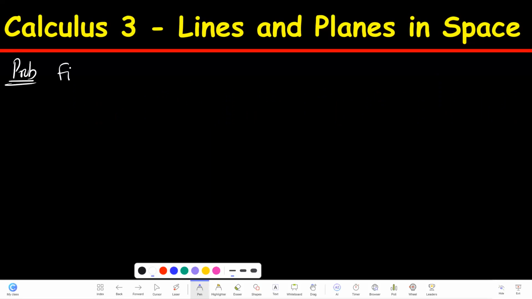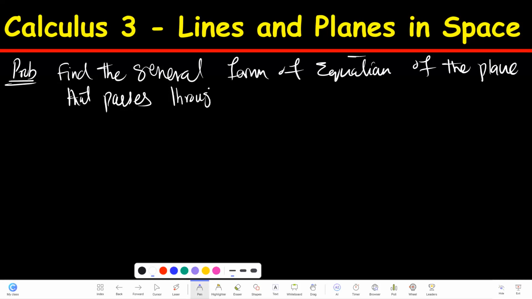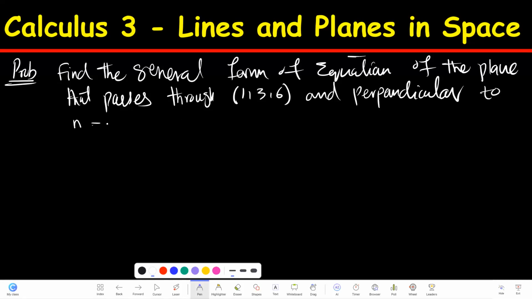Let's take a look at another problem. Find the general form of the equation of the plane that passes through (1, 3, 6) and is perpendicular to n equals minus 3i plus 2j plus k.